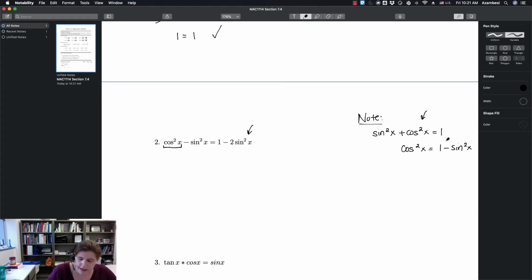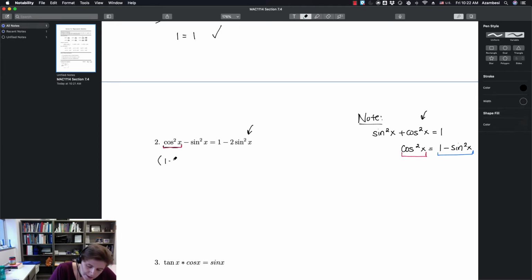And then I can take that and substitute. So you notice that this cosine squared x and cosine squared x here. So I can take this cosine squared x out and replace it with what it's equal to, 1 minus sine squared x. And then we'll go from there and see what we can simplify.